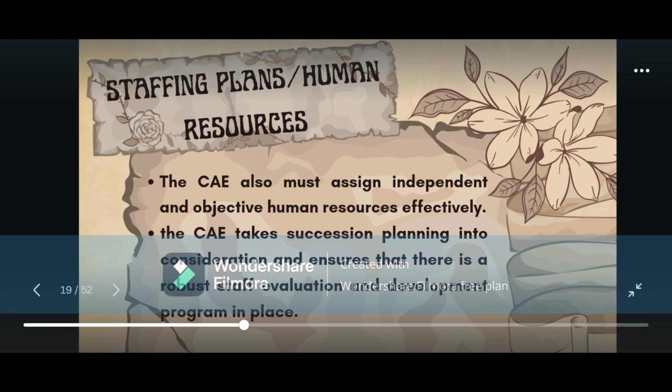Staffing plans and human resources. The CAE must also assign independent and objective human resources effectively. The CAE takes succession planning into consideration and ensures that there is a robust staff evaluation and development program in place. The CAE must ensure that the internal audit team is composed of individuals who are independent and objective in their work. This means that they are free from bias and conflicts of interest and can provide impartial assessment of the organization's operations, risk and controls.